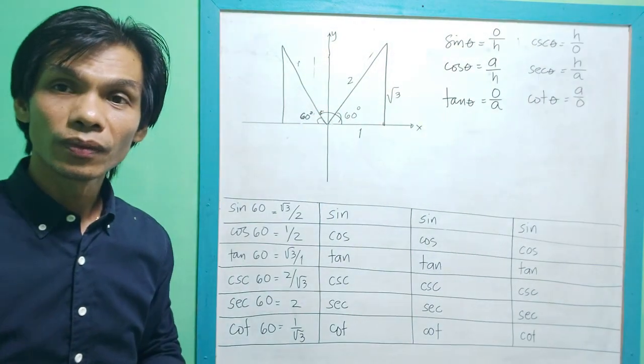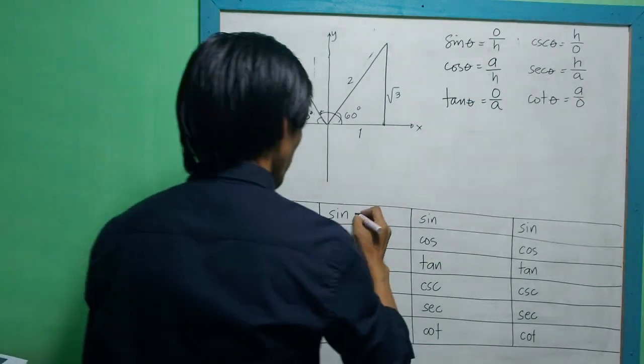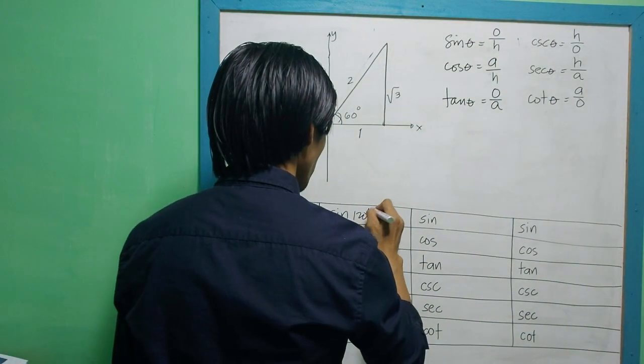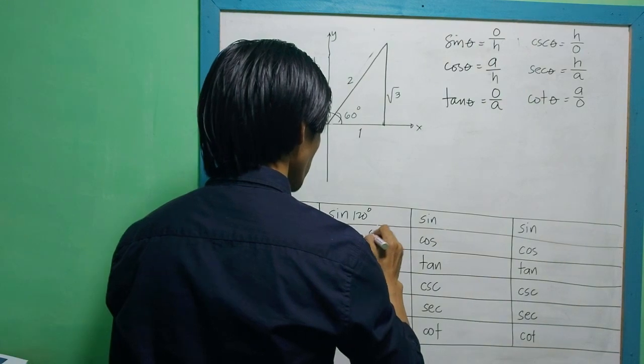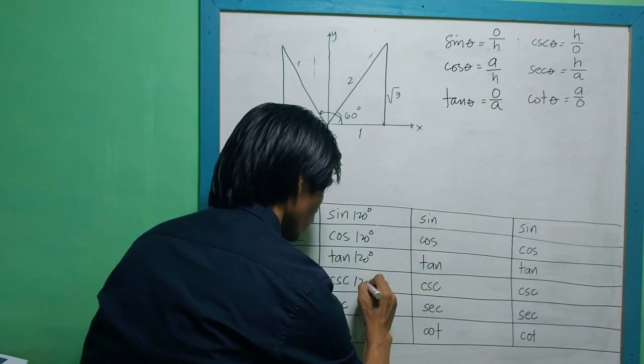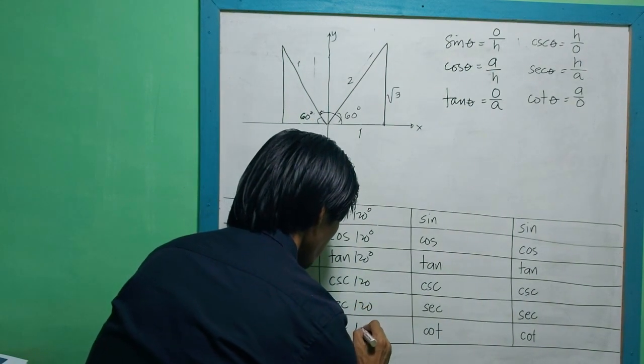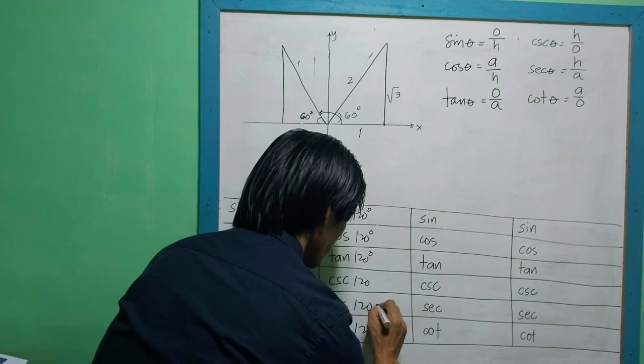Tama, 120. So we have sine 120 degrees, cosecant 120, secant 120, cotangent 120 degrees.